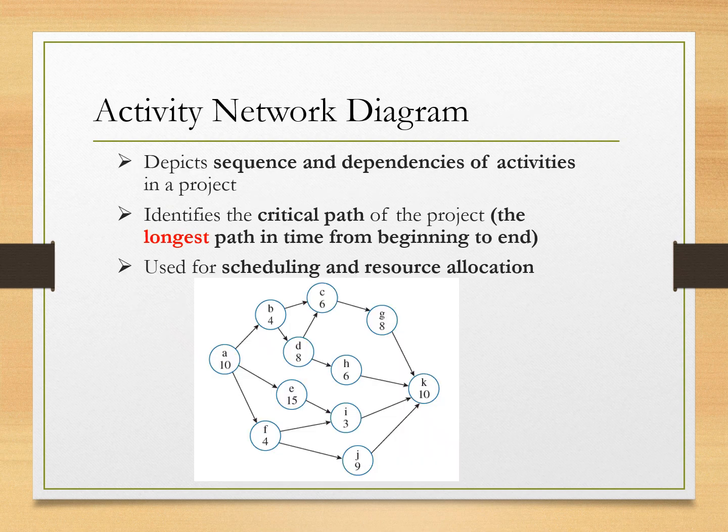The activity network diagram, which is also known as the critical path method, is a project management tool that maps the sequence and dependencies of tasks. It shows which activities must happen first and which other tasks can run at the same time.